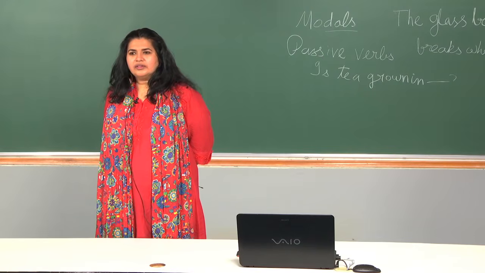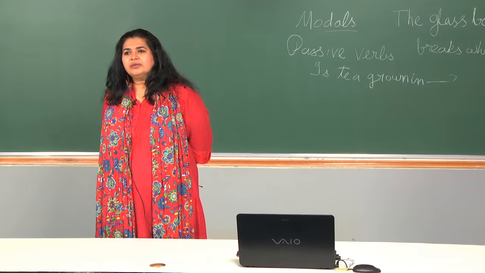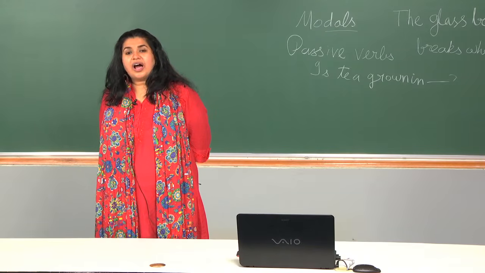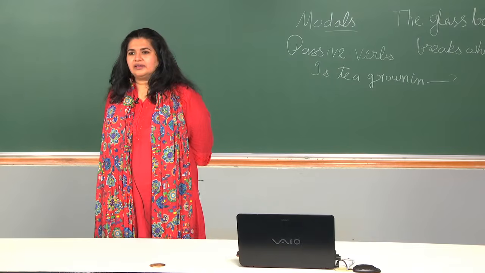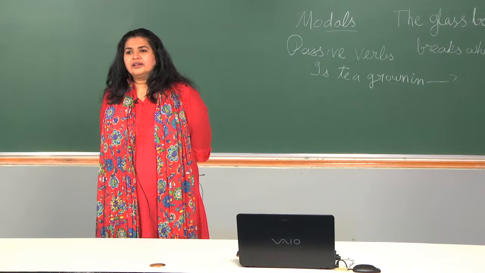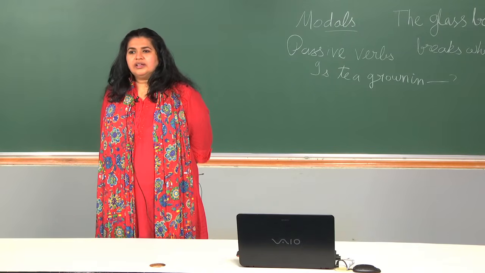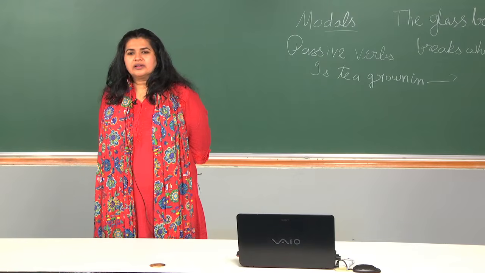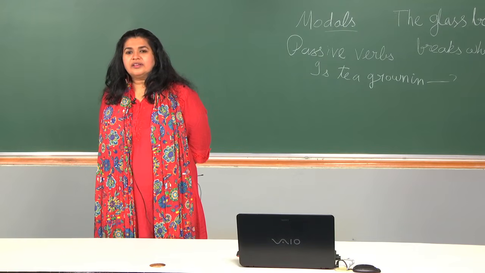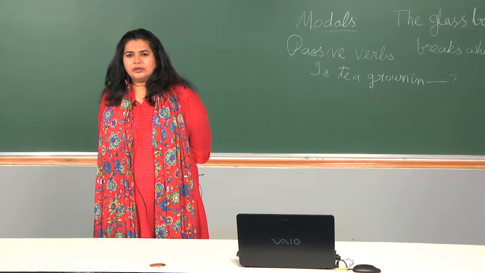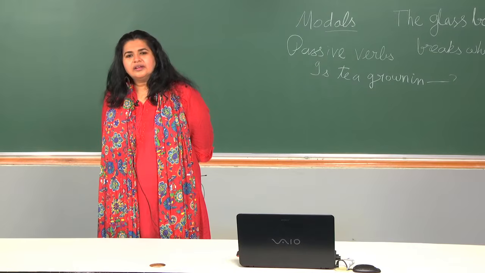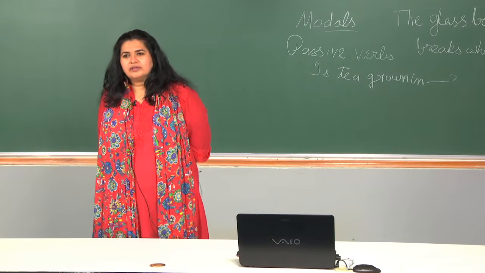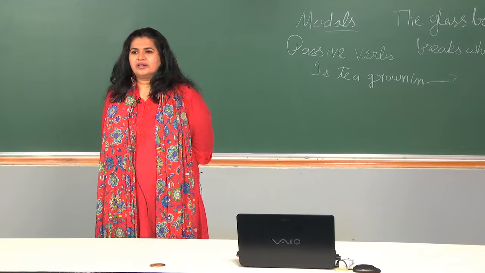So, I will show you one example. Iron can be extracted from ore, that is the example. E equal to mc square, this is expressed as E equal to mc square. So, these are the common types of sentence constructions.